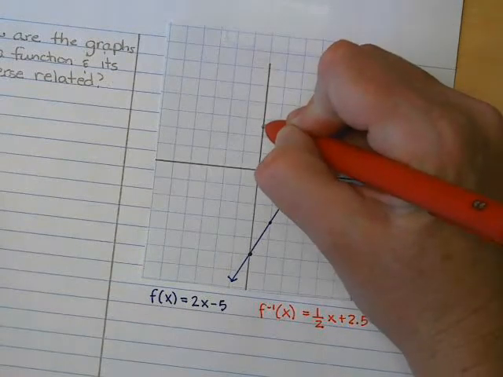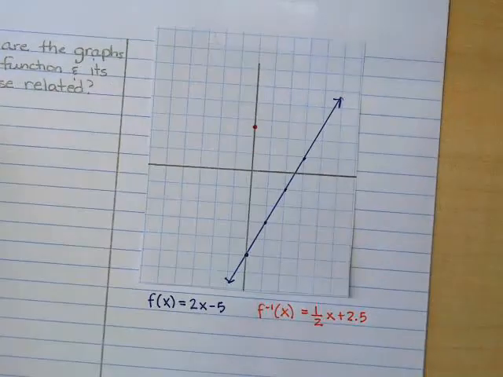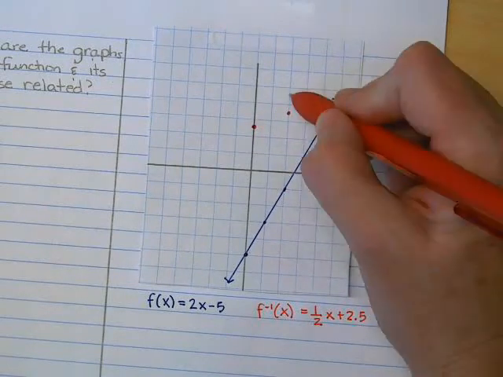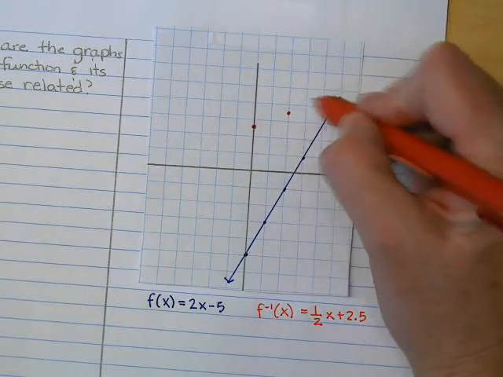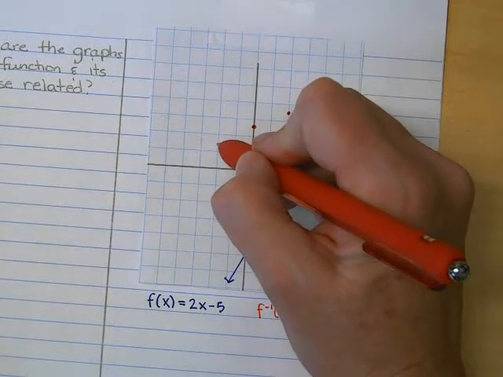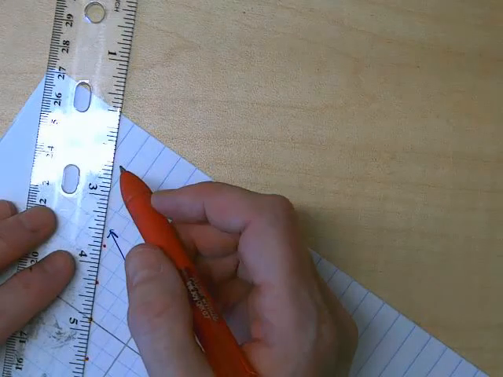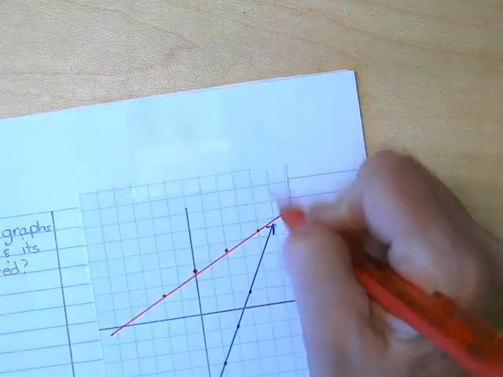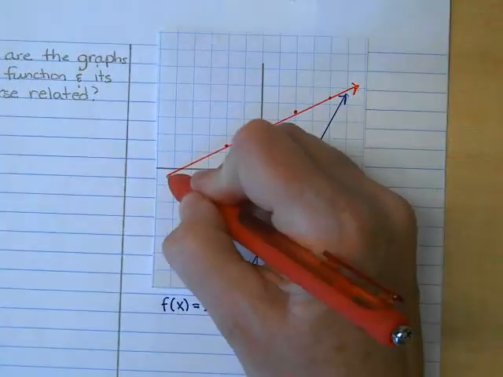So here's 2.5, and then I'm going to go up 1 over 2, so up 1 over 2, up 1 over 2. I'm going to go down 1, back 2. So I have a lot of nice little points there. And then I'm going to draw that in. Okay, so it probably doesn't look like much.